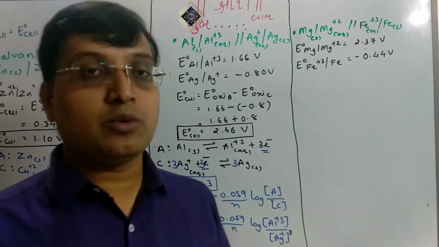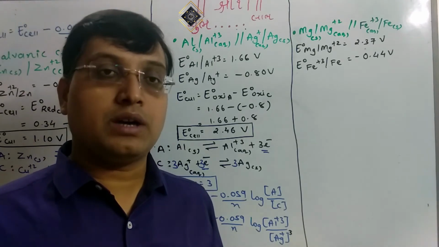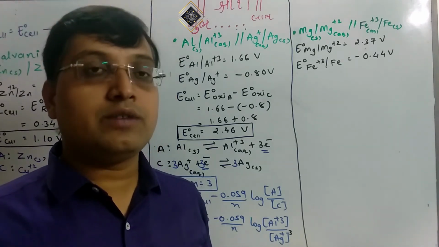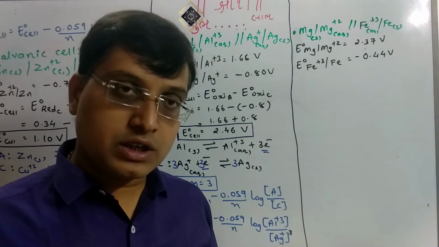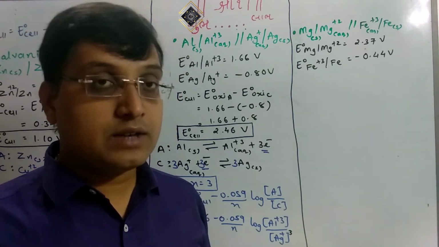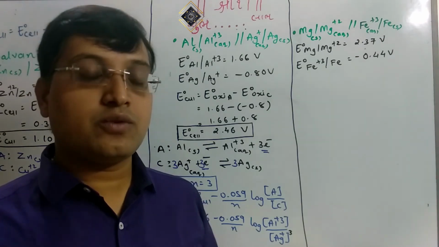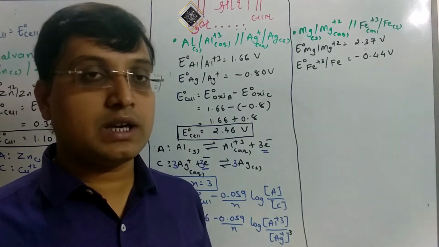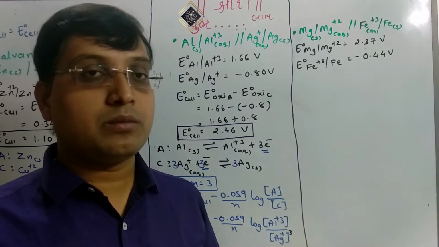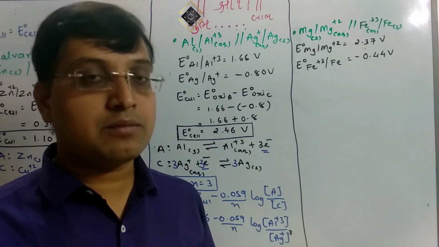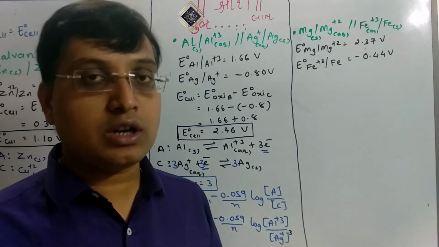If both are in oxidation, apply the formula of oxidation potential. If both are in reduction, apply the formula of reduction potential. Clear? And if not, then change any one to oxidation form or reduction form. That means we have to make both half cell potentials in the same form, either oxidation or reduction.